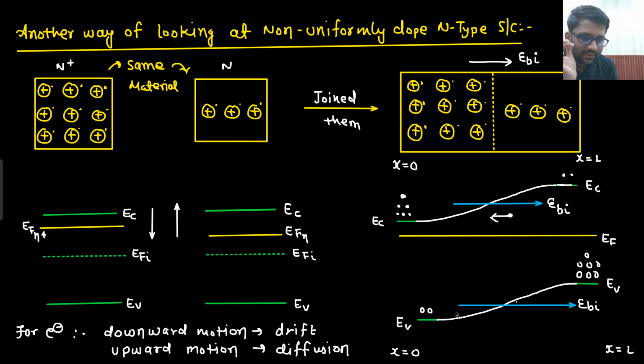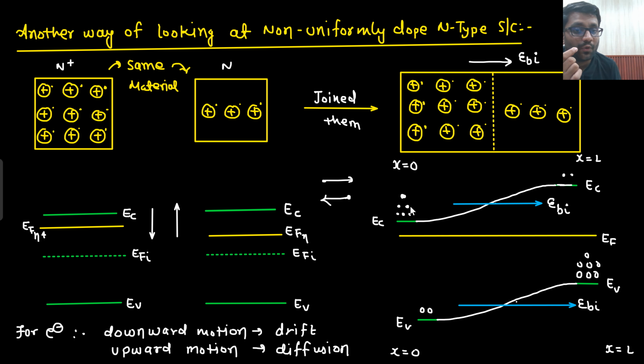Under the equilibrium, the same number of guys are moving upward and the same number are moving downward. So concentration here and here remains the same. The same number of electrons are diffusing and the same number of electrons are drifting as well. That means drift and diffusion current are the same. What does that mean? Total current is zero, and that's why this particular condition is known as equilibrium condition, right?